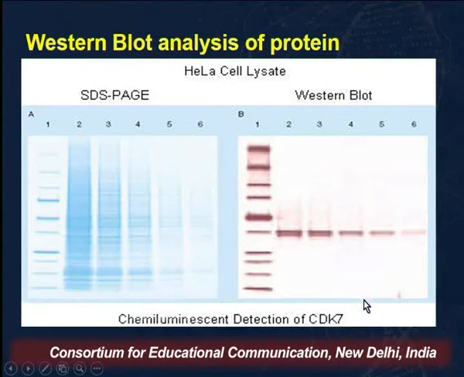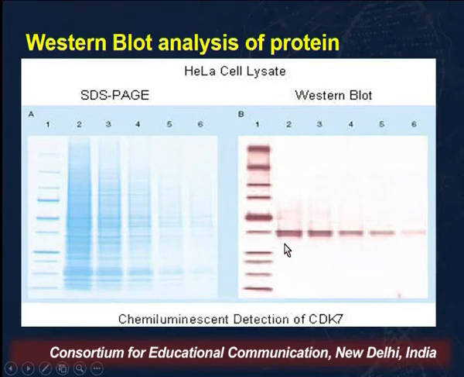So you add the antibody against CDK7, the primary antibody. You first created this gel, you electroblotted it on the nylon membrane, and you treat the membrane with different washes, you add the antibody, you again do the washes, and you detect by chemiluminescence.